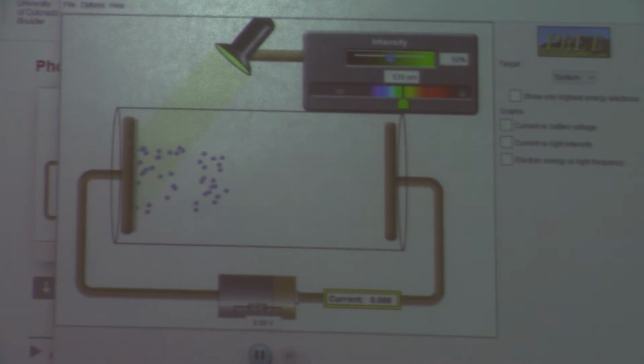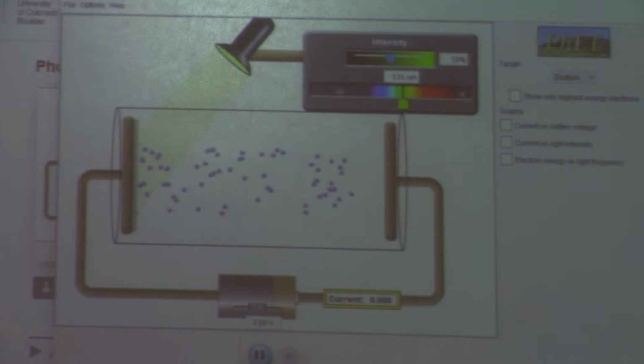So here's what the intensity affects. Your intensity affects the number of electrons that are being ejected, not the energy of the electrons. So we've got half as many photons hitting it, and therefore we have half as many electrons being ejected out.